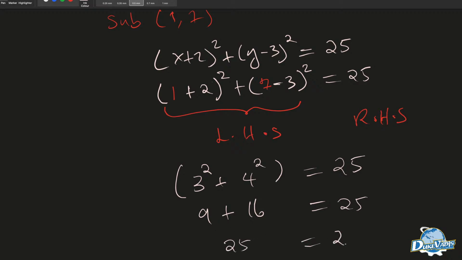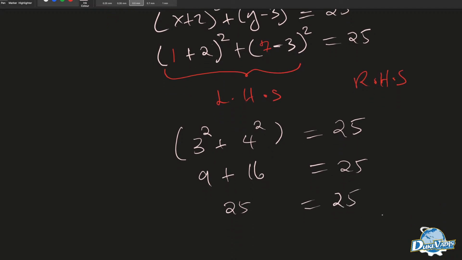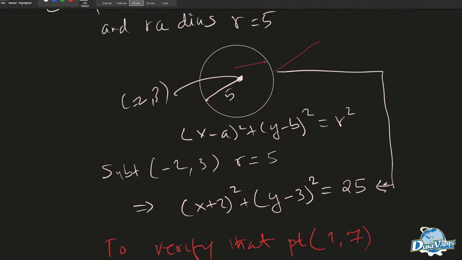It's equal to 25. So that means the point lies on the circle. You see, that is how we go about it.